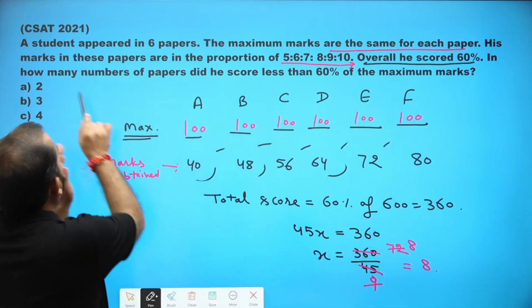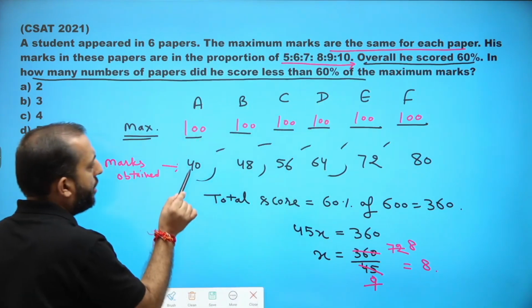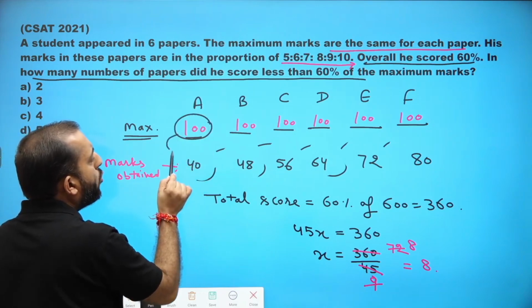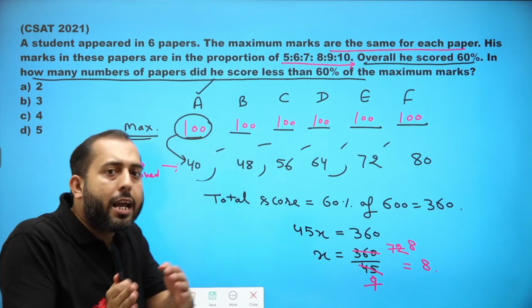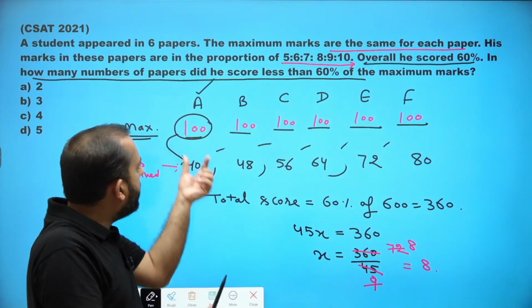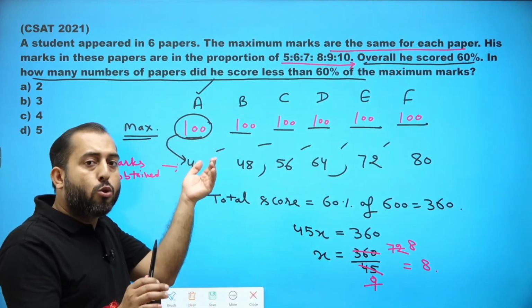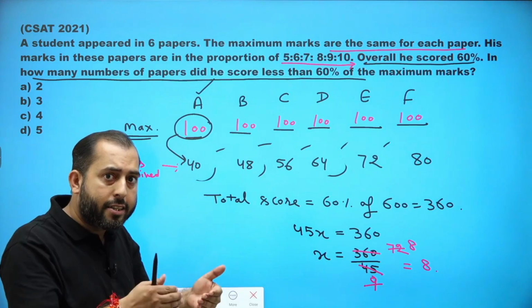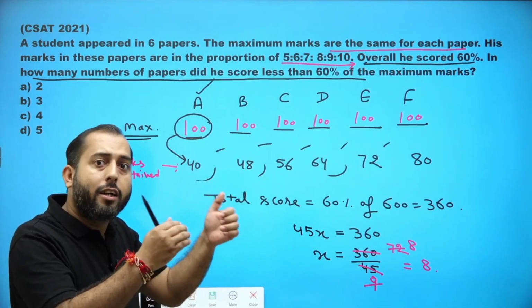Now, in how many papers did he score less than 60%? So see, out of 100, if his score is 40, then in paper A, he got less than 60%. Because what is 60% of 100? 60% of 100 is 60. So all those papers in which his individual score is less than 60, in those particular papers, his percentage is less than 60.